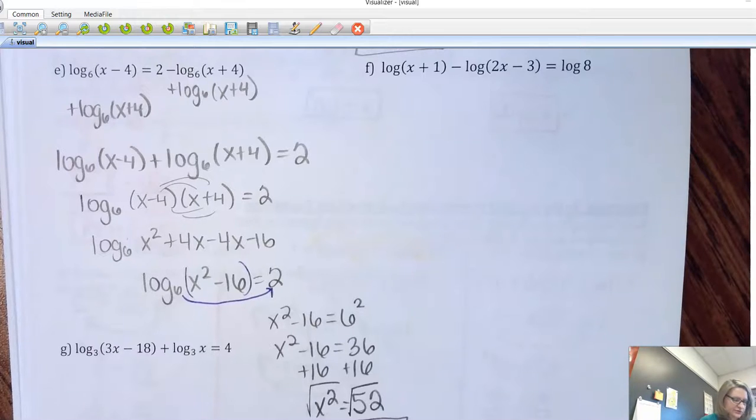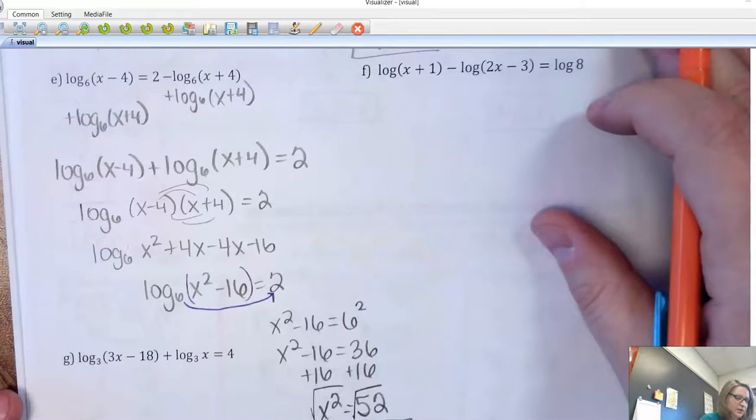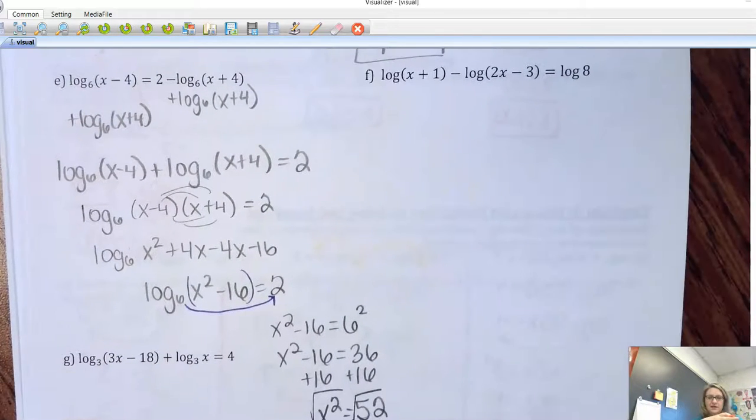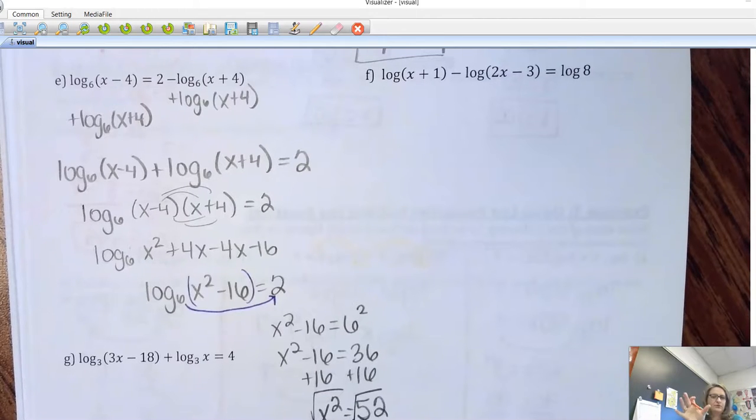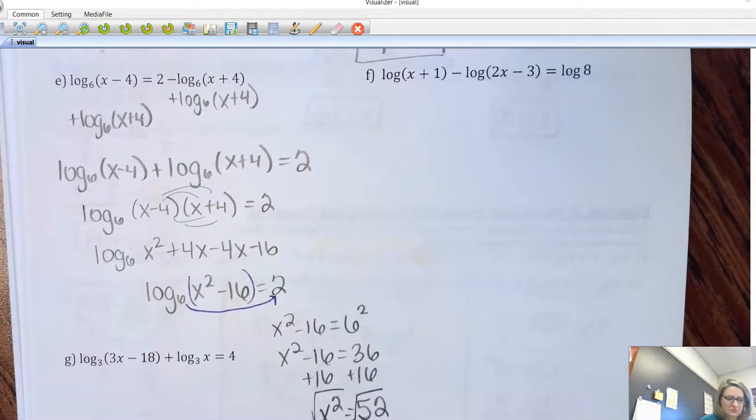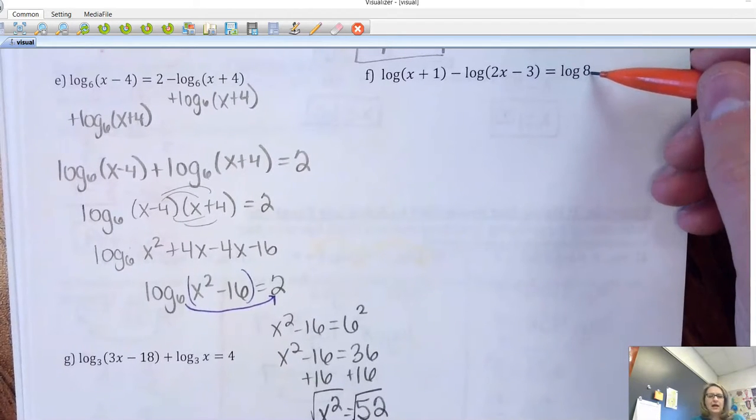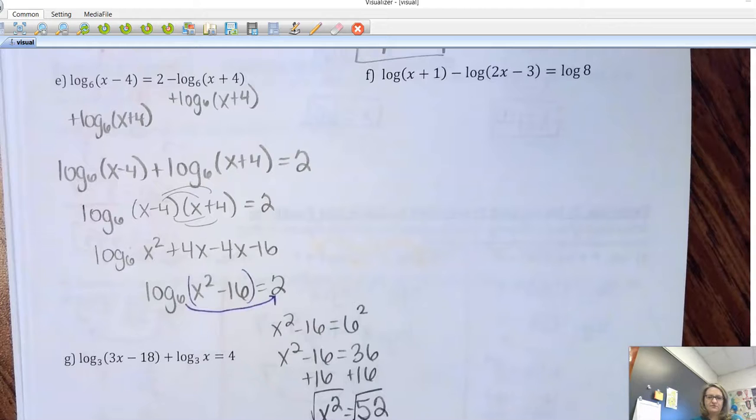For letter F, I just scooched this back up a little bit. I've got 2 logs on the same side, and I've got a third on the other side. There are some different ways to do this, but especially since this is just a log of 8, just a number here, let me put together the ones that have the variables on the left side. I'm just going to squish that using my log properties.